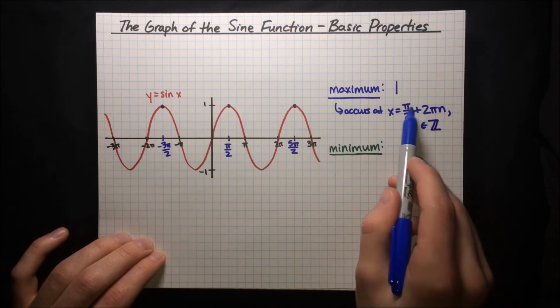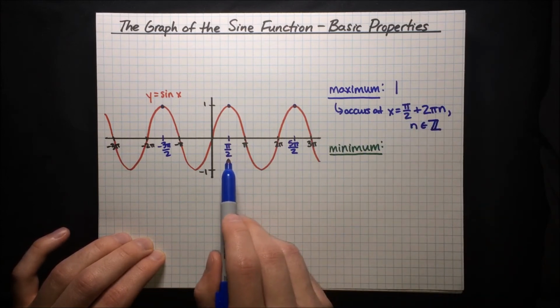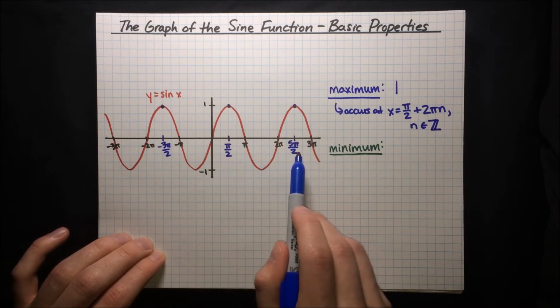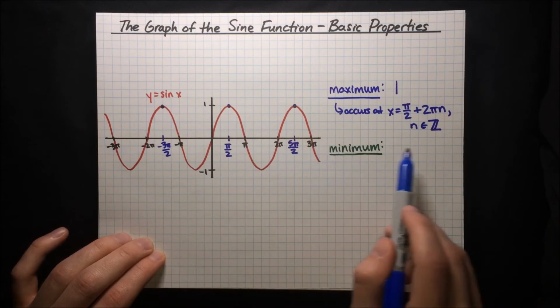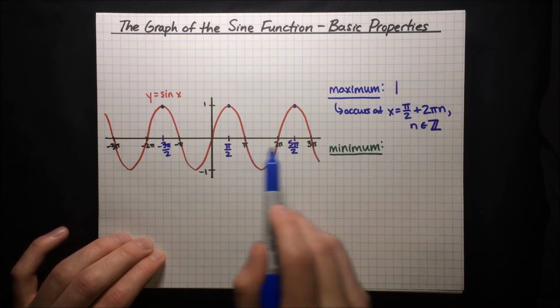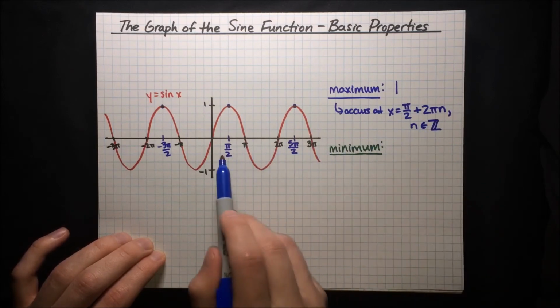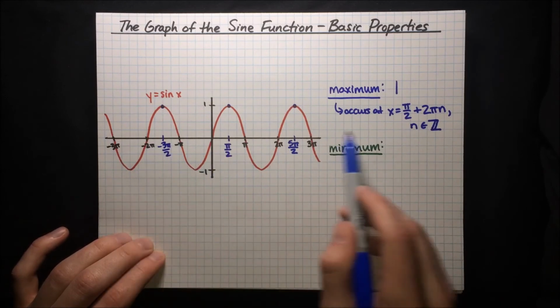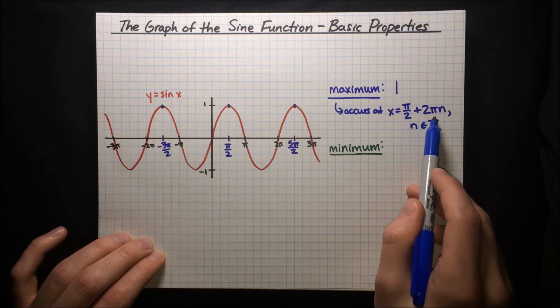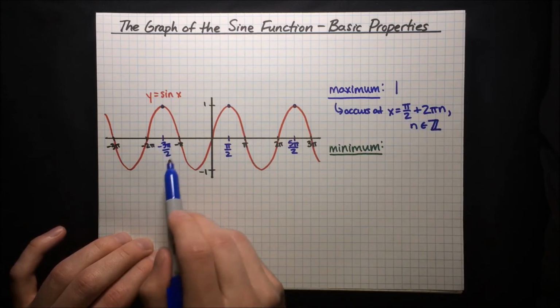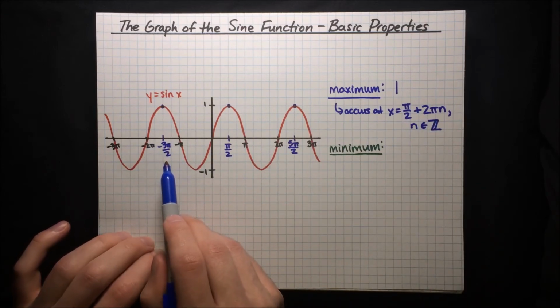If you plug in 0 here, you just get pi over 2. And if you plug in the positive integers, like 1, 2, 3, and so on, you get the maximums on the positive side. If you plug in the negative integers here, you get the maximums on the negative side. Like if you plug in -1, then you get pi over 2 minus 2 pi, which is just that coordinate right there, -3 pi over 2.